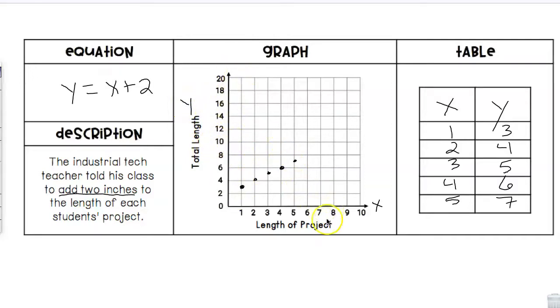Also remember that x is your input, which would make your y an output. Now let's talk about the difference between a dependent and an independent variable and which one goes where. Your x, the variable that goes across the bottom, is going to be your independent. I remember it, I for input, I for independent, which would make your y your dependent.